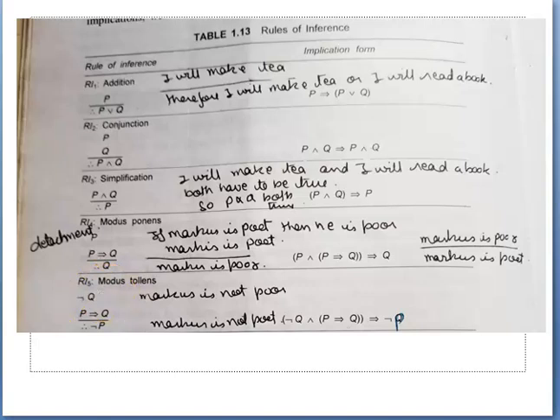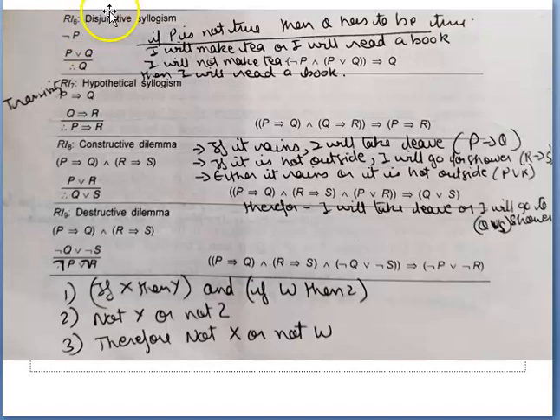Then there are more rules. Let us look at them also. There is a rule of disjunctive syllogism. What does disjunctive syllogism say? If negation of P is true and P or Q is true, this information is given to you, then you can infer that Q is true. Why can we infer this? Because there is an OR in between.